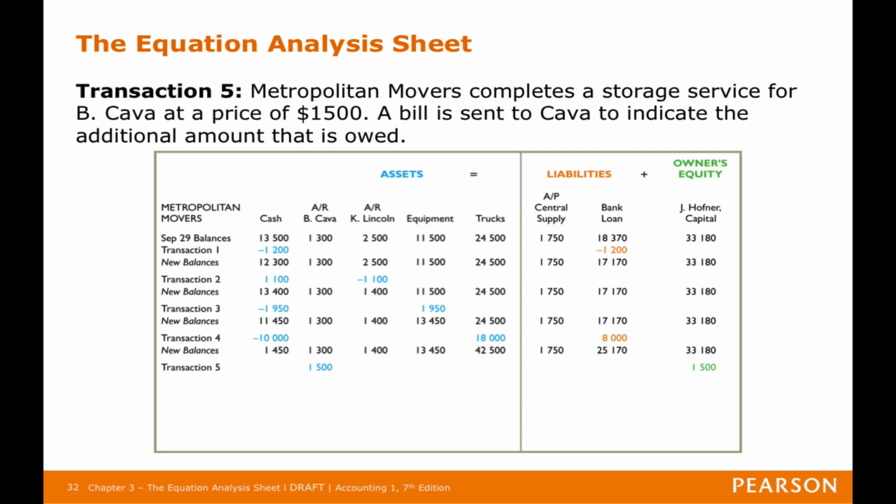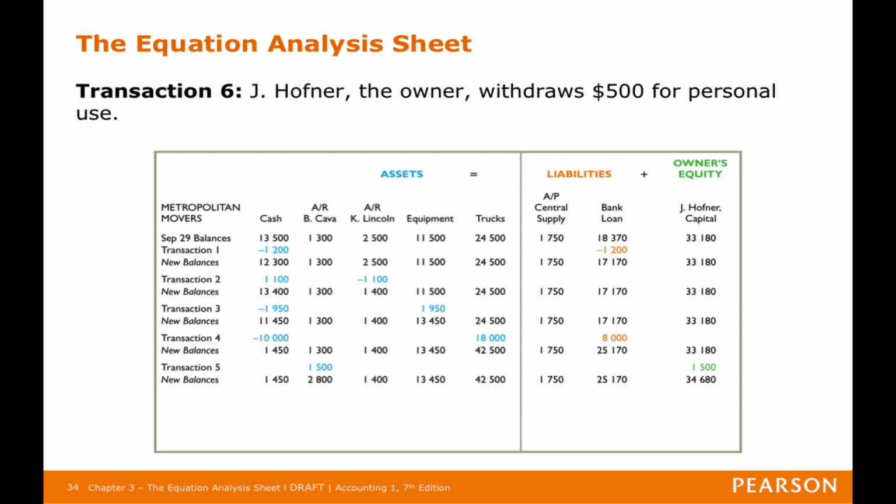Because Metropolitan Movers is getting money from this, we are able to increase owner's equity by $1,500. So they haven't received the cash yet, but they've added value to the company by providing this service. And again, we calculate the new balances and move on to the next transaction.